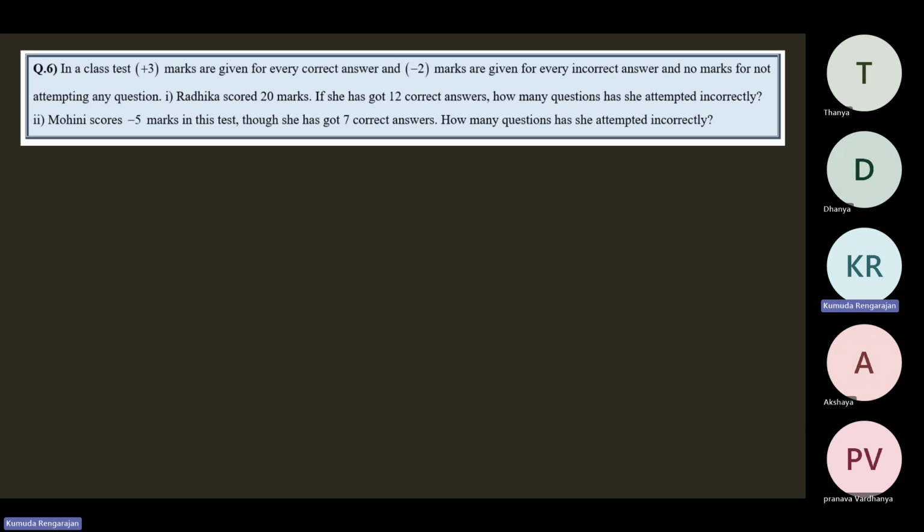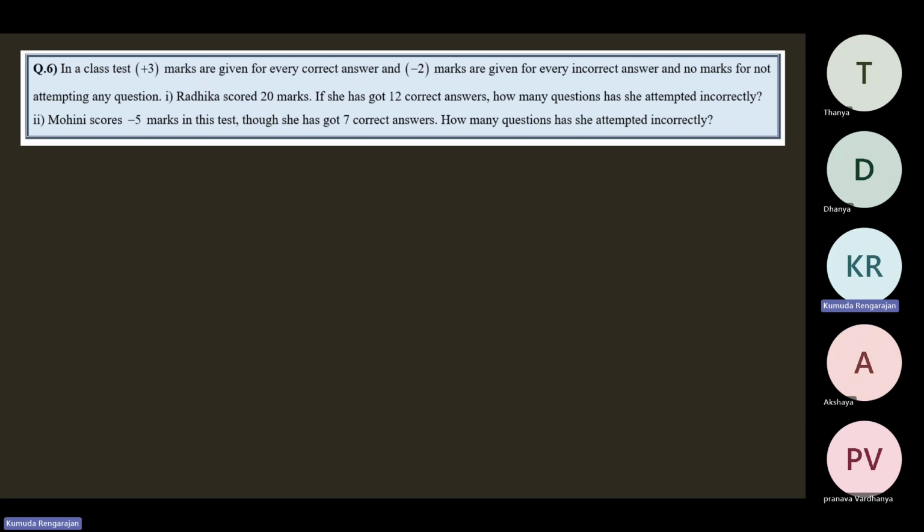Correct answer plus 3, incorrect answer minus 2. Now about Radhika, she scored 20 marks. If she got 12 correct answers, how many questions did she attempt incorrectly?